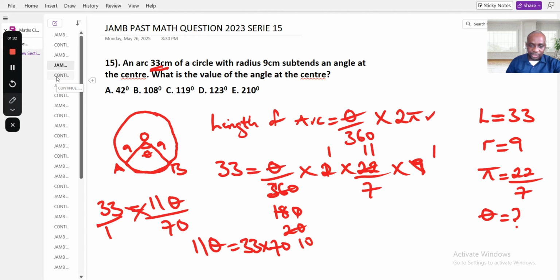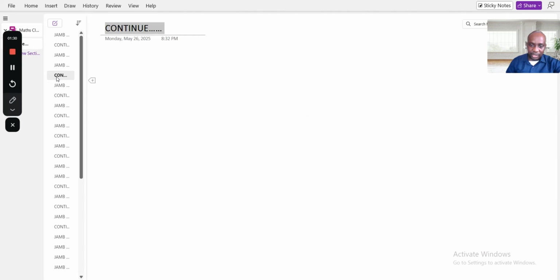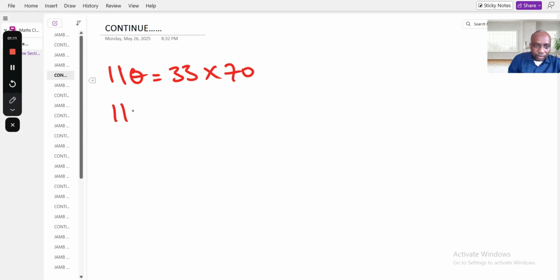That remains 33 multiplied by 70. 33 multiplied by 70 is going to give us 2310. We are going to divide both sides by 11 because we are trying to find the angle.